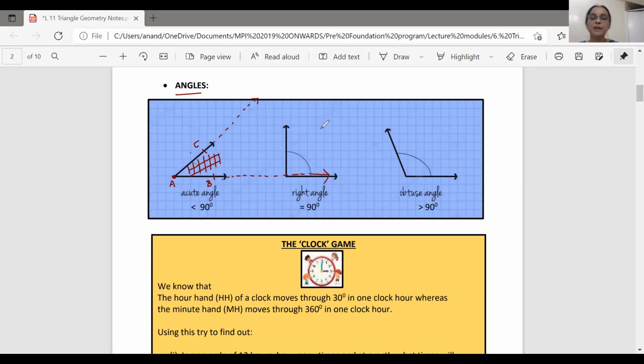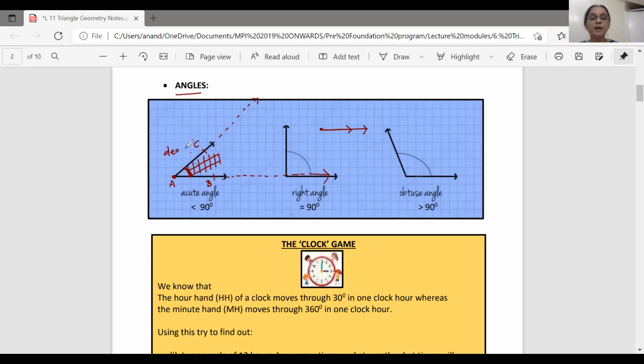Suppose I am drawing one ray and I am drawing another ray which is coming on it. Is there any area enclosed inside this? No, these are two overlapping rays. But when such a figure is drawn, we have an enclosed area, and to measure this enclosed area, we use a unit called degree.